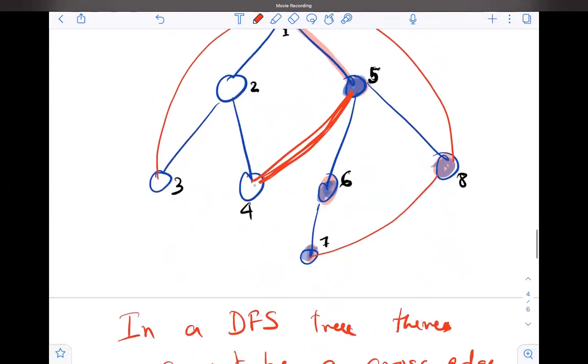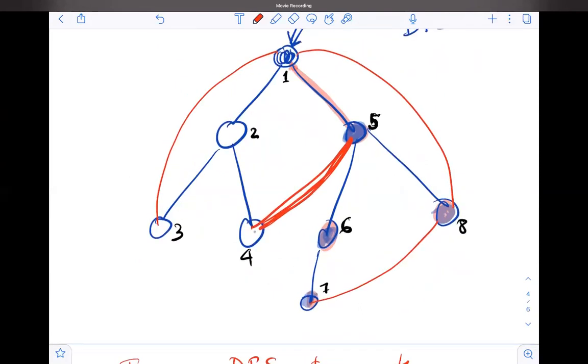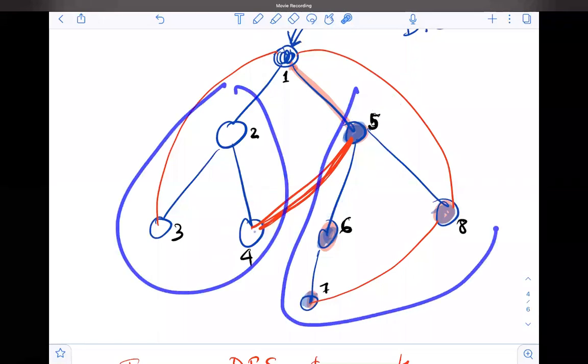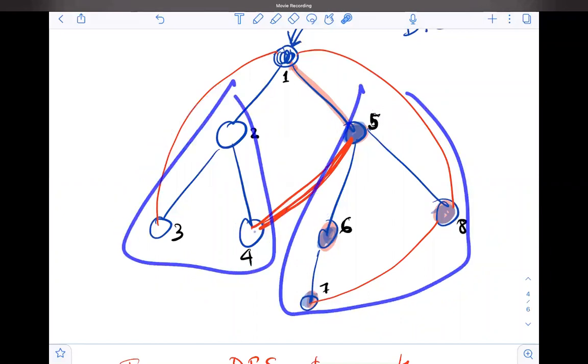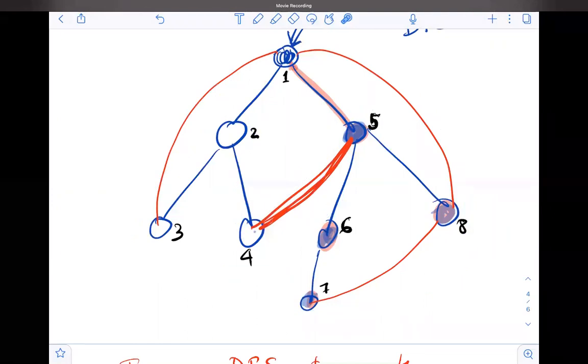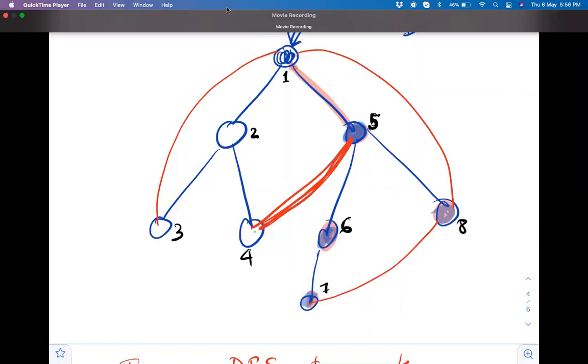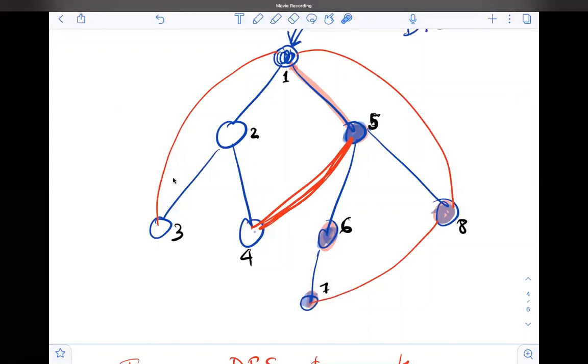Cross edge meaning this kind of edges, and edges of this kind, which go from one of two different subtrees of this graph. There cannot be an edge between them. Is this argument clear? Yes, sir.